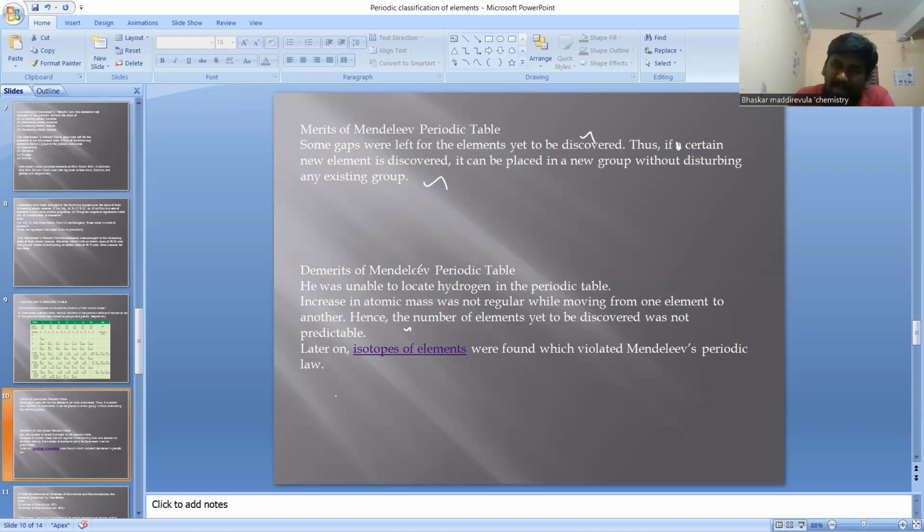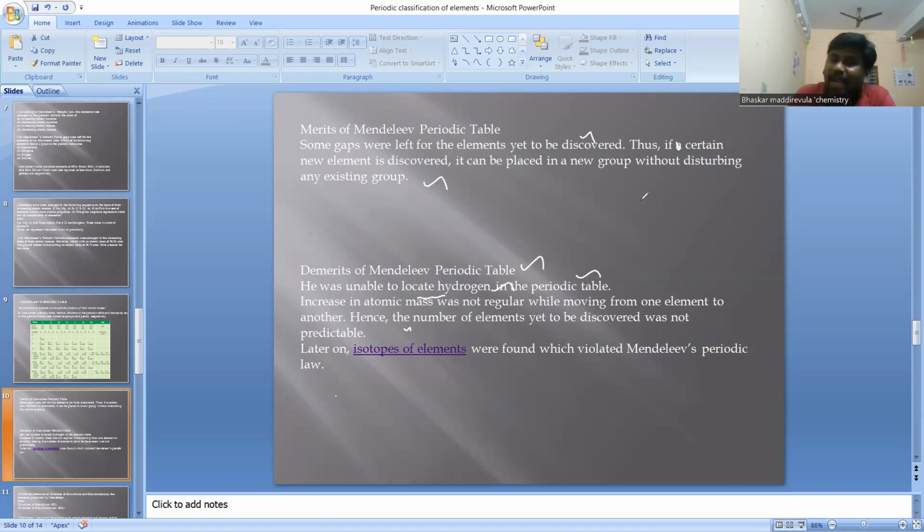At the same time there are demerits also, and you should learn the demerits too. He was unable to locate the correct position for hydrogen in the periodic table. Why?